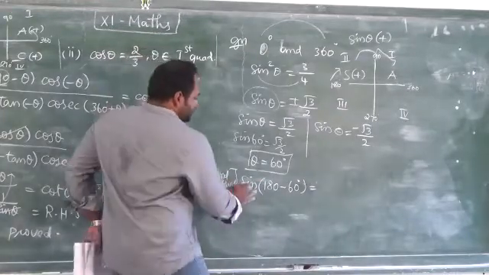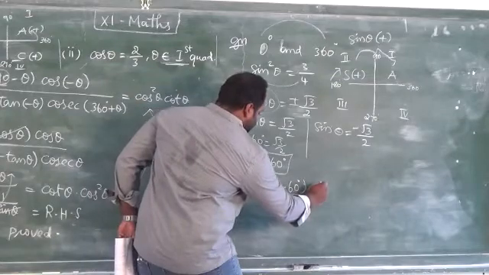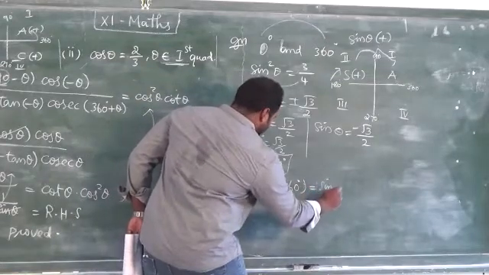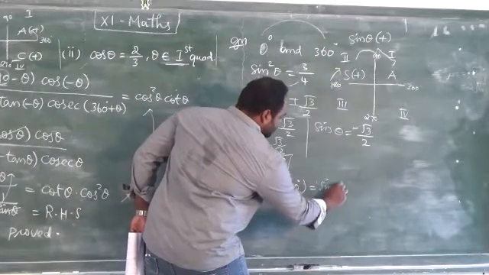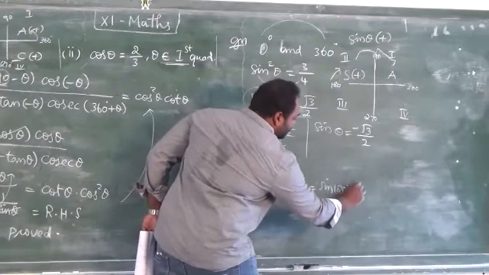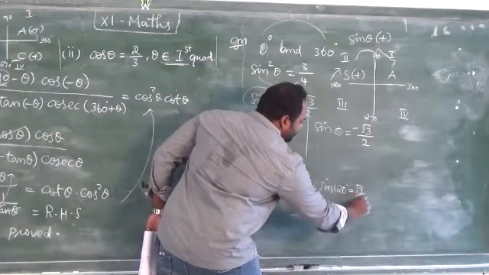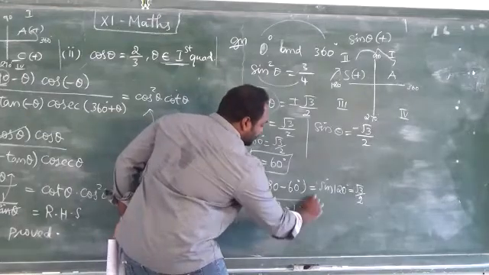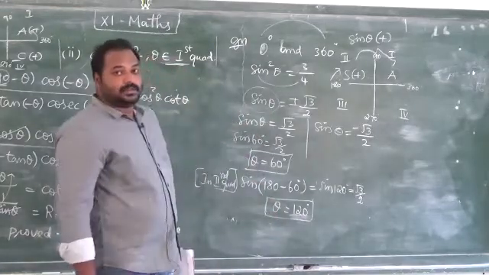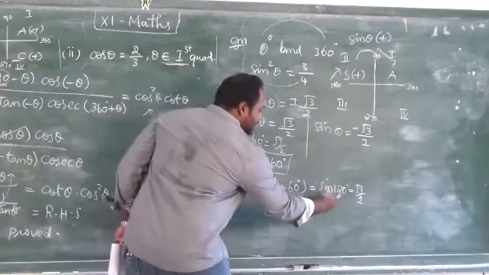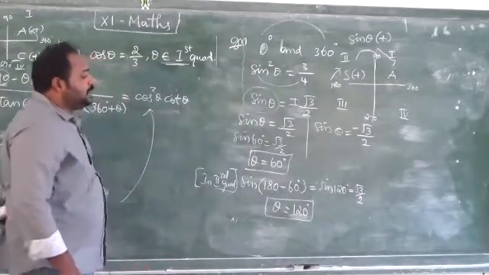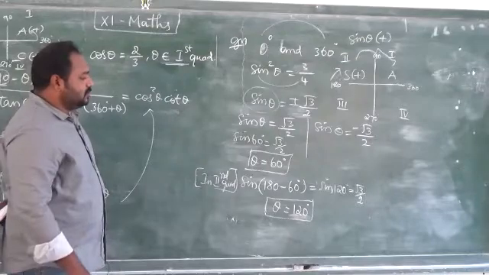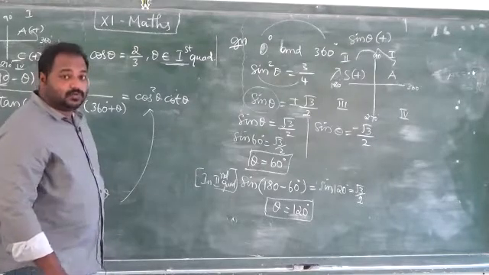Okay. Sine of 180 minus 60 degree is sine 120, also root 3 by 2. So theta value is 120. If you want to check whether it is correct, is sine 120 truly root 3 by 2?